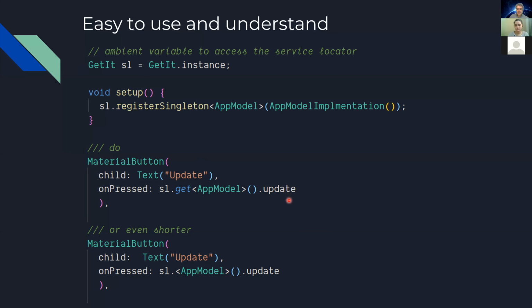As get_it itself is a callable class, I can write it even shorter, directly like this, to access my objects. This works anywhere in your code, not only in the UI, also in any other object that has access to the get_it instance.